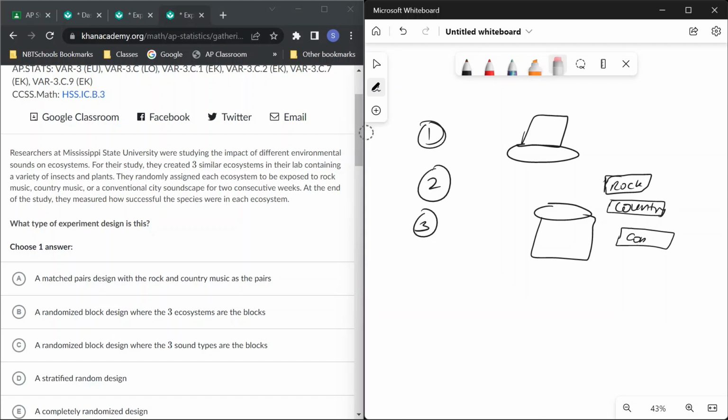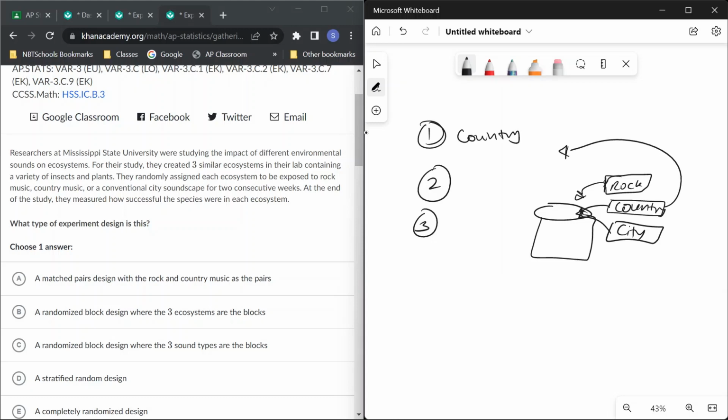We're just gonna say city. So then we put those in the hat, and we go one by one. So the first ecosystem, we pick something, and let's say we get country. So the first ecosystem would be country.